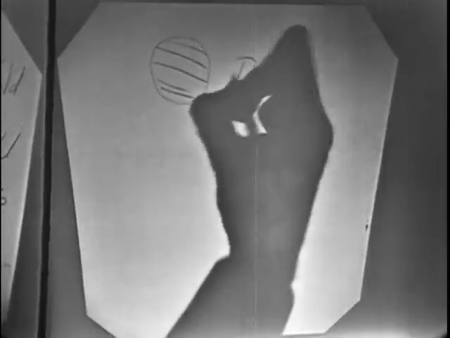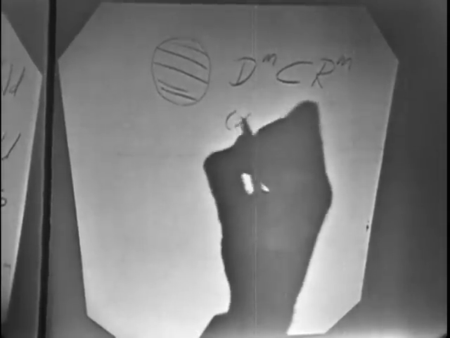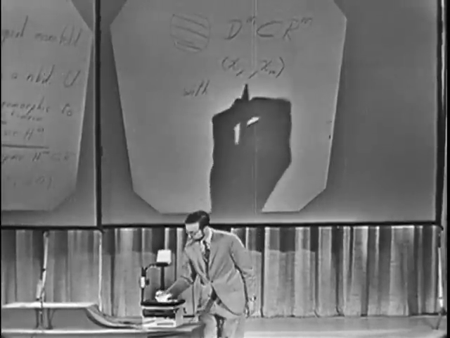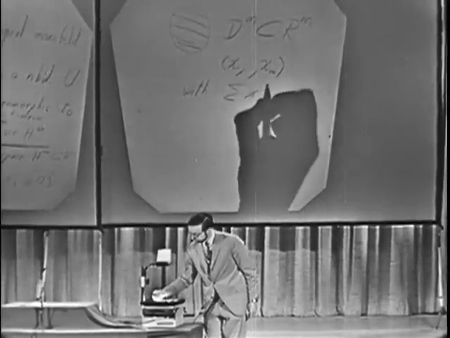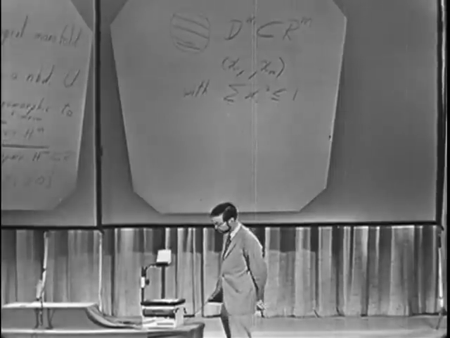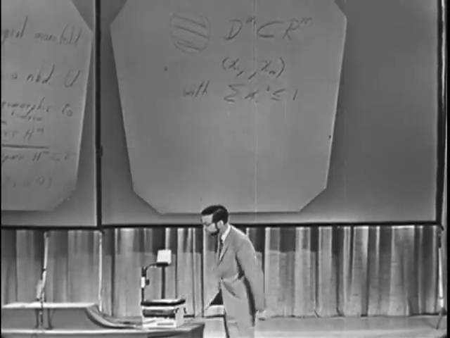Say DM is a subset of Euclidean space consisting of all points x1 up to xm with, instead of saying the distance from the origin is equal to 1, I say that it's less than or equal to 1. What I've drawn, for example, is the 2-disk. This is a manifold with boundary, the boundary being the sphere of 1 dimension lower.